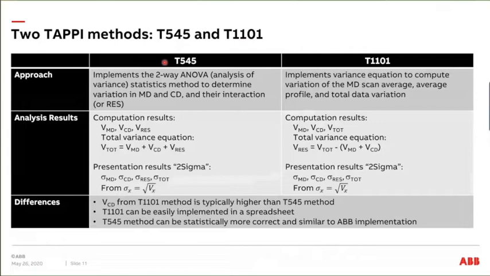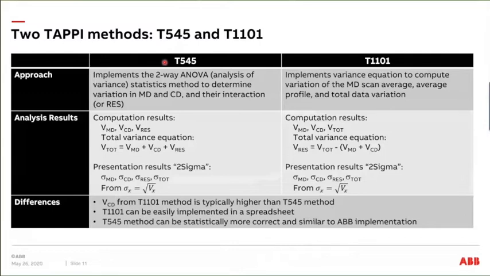The T545 method is statistically a little more in depth, and it normally uses a lot more data. As we mentioned, the scanner has 600 data boxes, for example, with a 30-second scan. If you're doing a 45-minute reel build, you're going to get 90 profiles during that time, so there's a lot of data being analyzed.